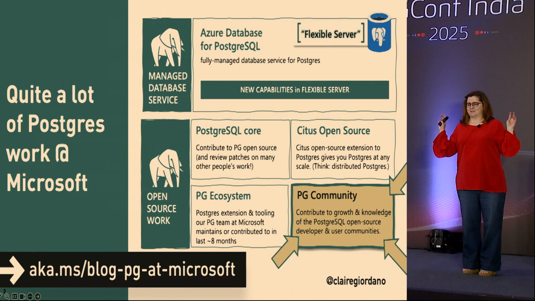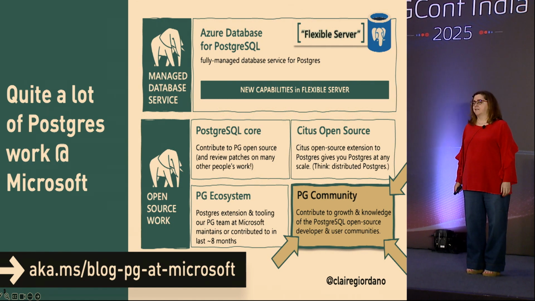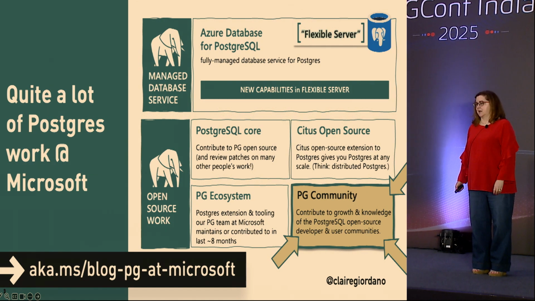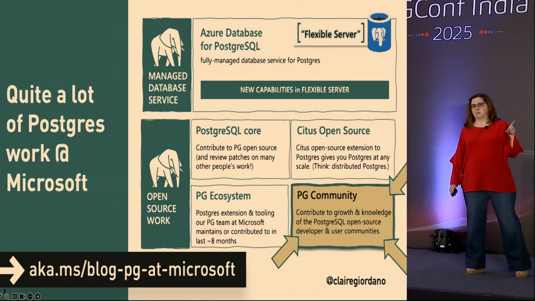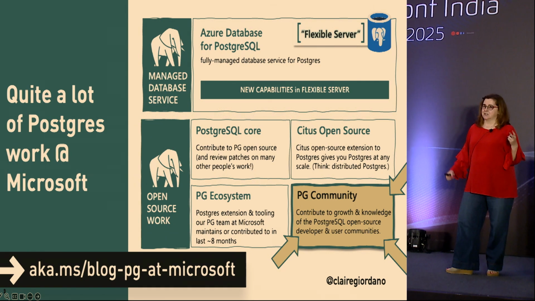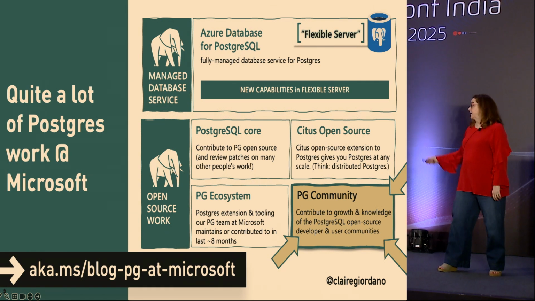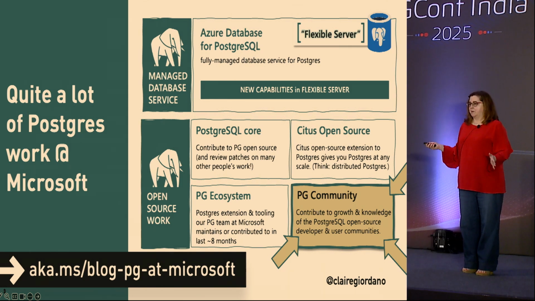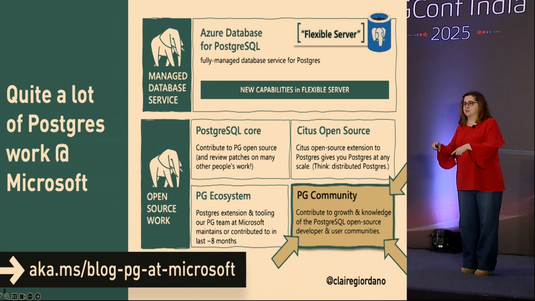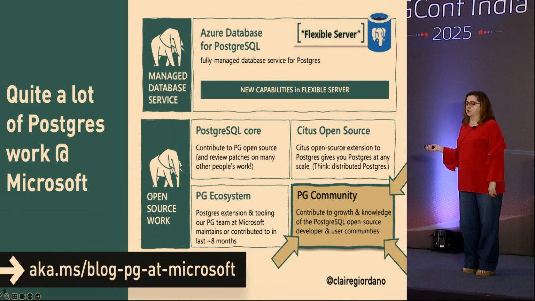This is a simplified version of a very detailed infographic that I include in a blog post that I publish once or twice a year. It's really more like once a year, but my boss wants it to be twice a year, so there's that. It's a little tension. But in that blog, I go through all the things that are happening with Postgres at my company, but my focus is on a lot of Postgres community work.